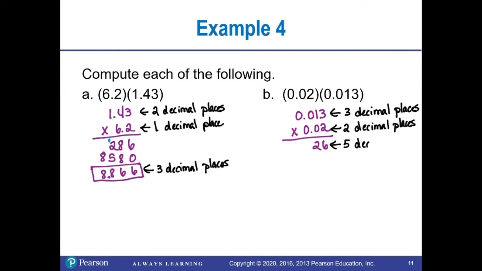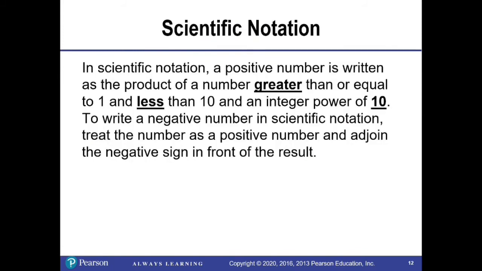That gives me 5 decimal places. So I'm going to have to write some zeros to make sure I have my 5 decimal places. Notice I now have 5 decimal places, and so my final answer is 0.00026.